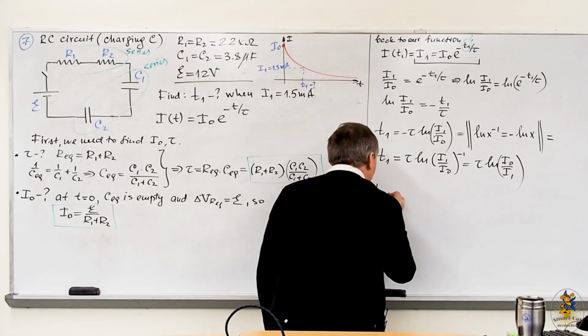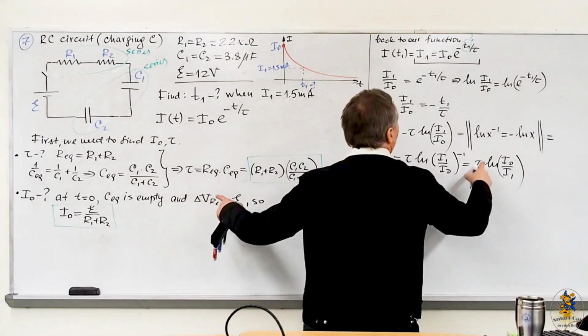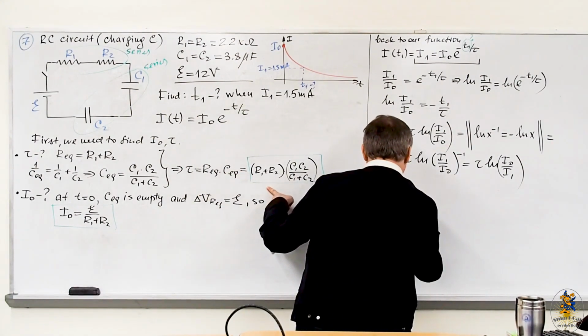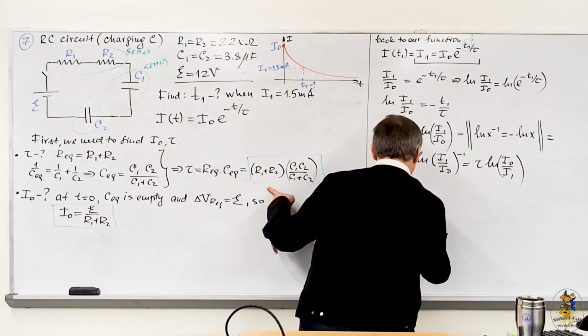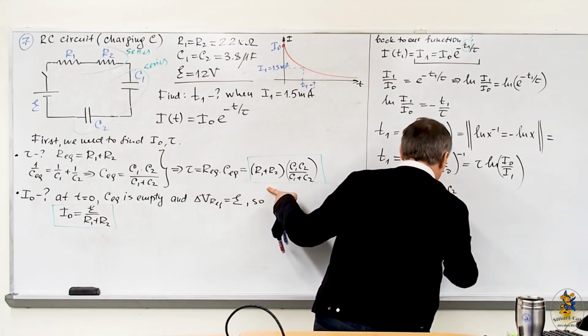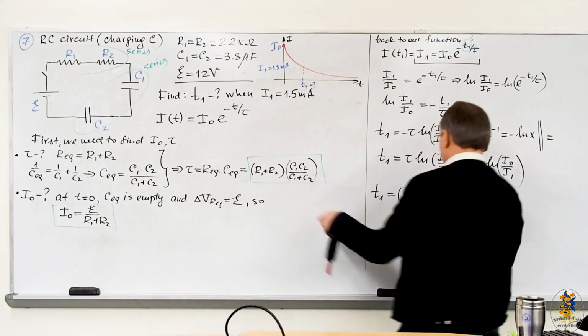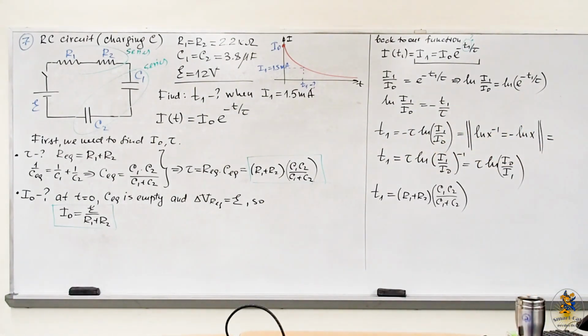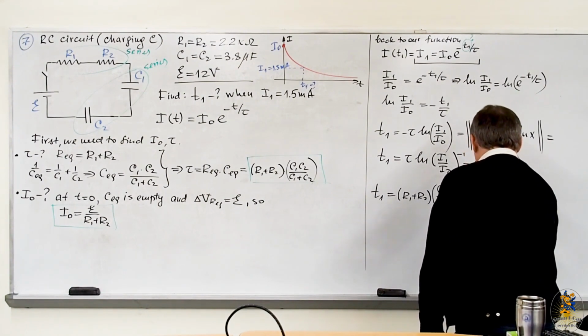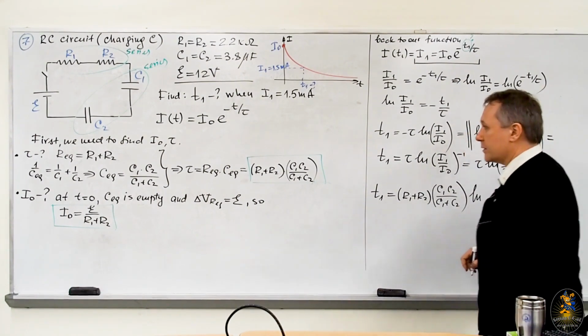So T1 equals tau, which is R1 plus R2, times C1 C2 divided by C1 plus C2. So that's our tau. And the natural log of this ratio. So where is my I naught?